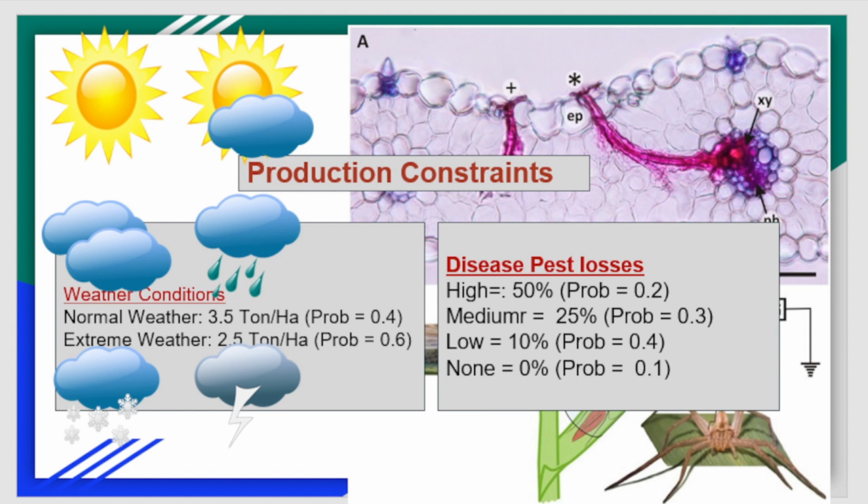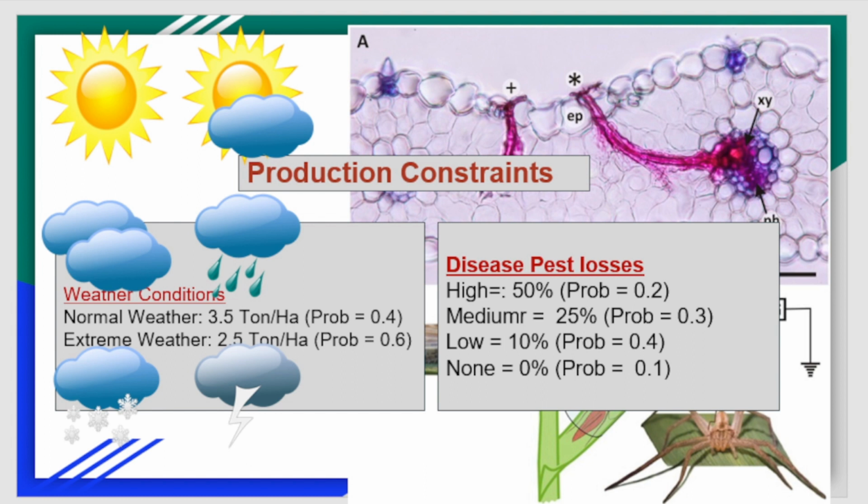If the farmer encounters a high level of disease and pests, the yield is reduced by 50%, and the probability of this is 20%, that is 0.2. If the farmer encounters a medium level of infestation, the yield is reduced by 25%, and the probability is 30%.